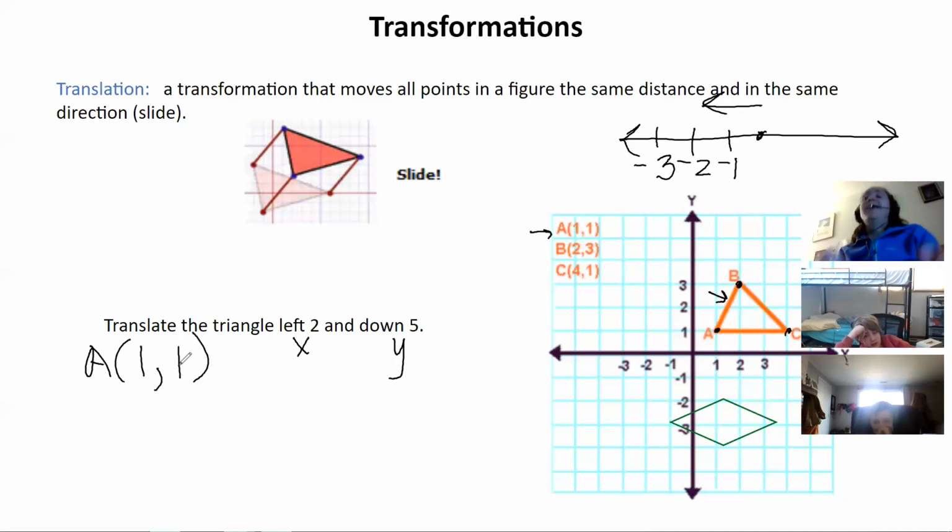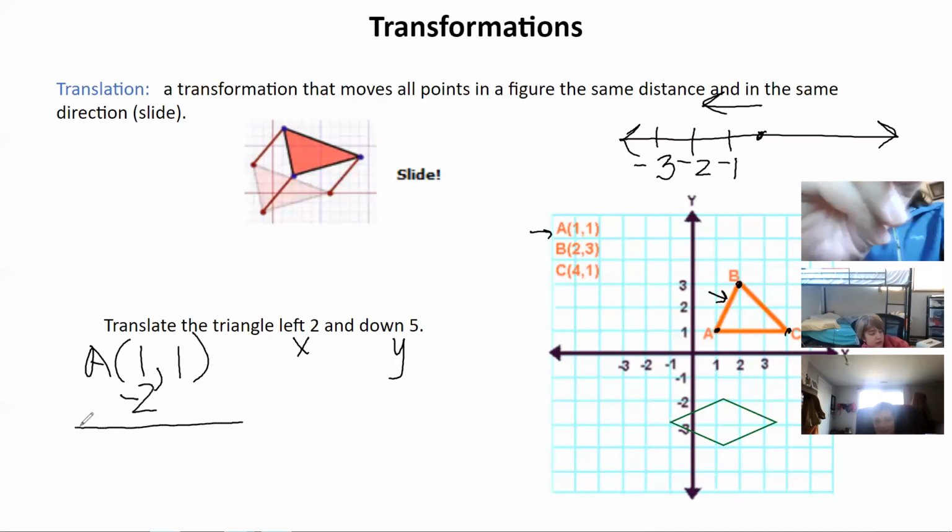Okay, so we go left 2, so we subtract 2 from that x. And now we're going to go down 5. So what do we do with that information? Go down, yeah, but how do I take that into account to the point?